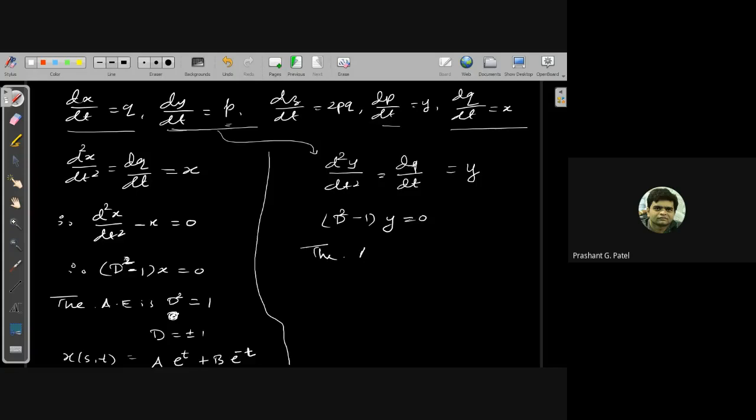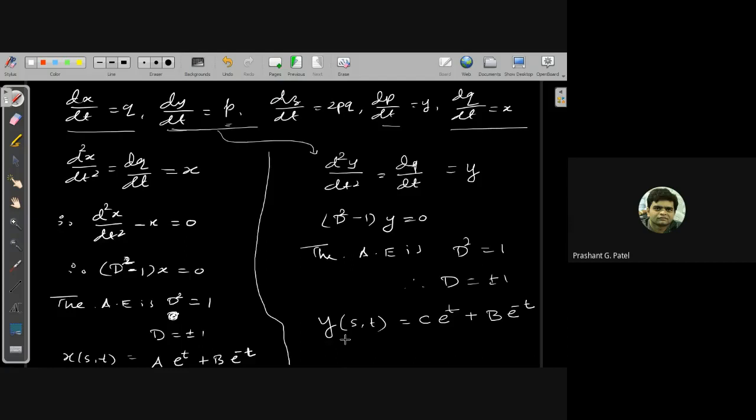So the auxiliary equation is D² = 1, which means D equals plus or minus 1. So the value of y(s,t) is c e^t plus d e^(−t). So this is the value of x we got, and the value of y we got.